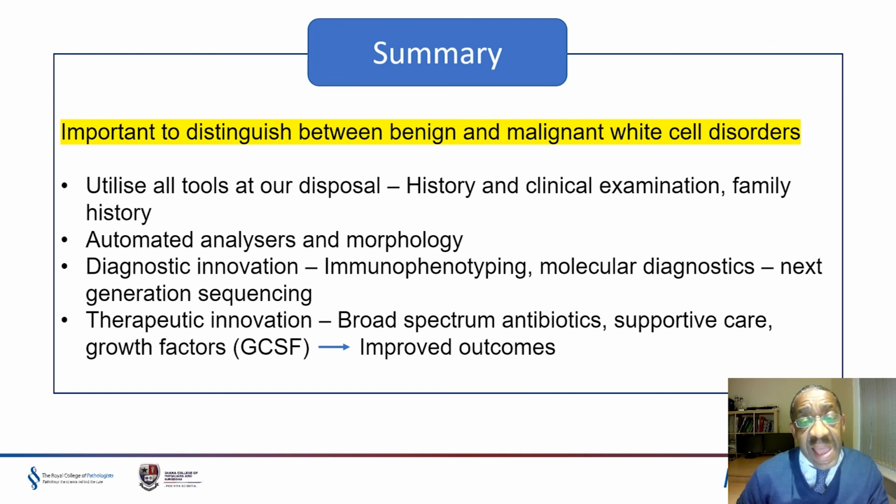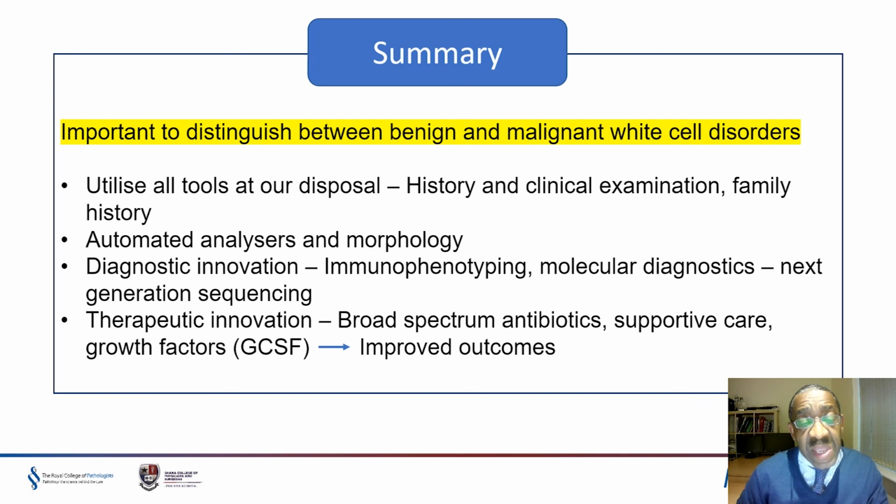white cell disorders. Importantly, always focus on distinguishing the benign from malignant disorders, because it has a major bearing on how we manage these disorders, and we can utilize all the tools at our disposal, starting from the history and all the way to the most complex and innovative genetic tests.